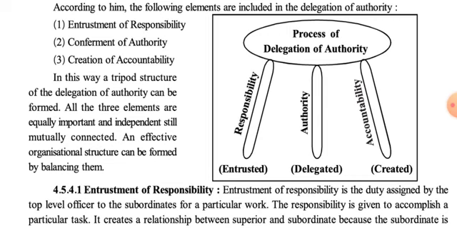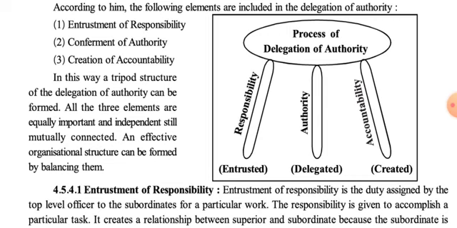This is a very important point to consider, that all these three elements are equally important. It means without any pod of this tripod, we cannot successfully run the organization. So, all these 3 points are equally important and independent of each other, but still they are mutually connected.